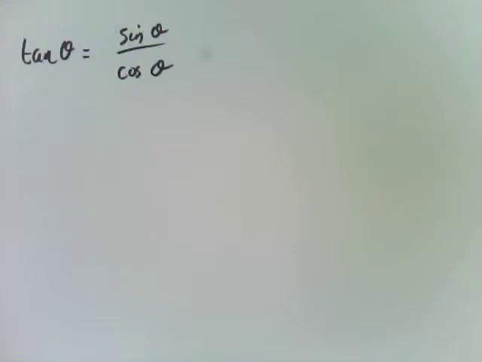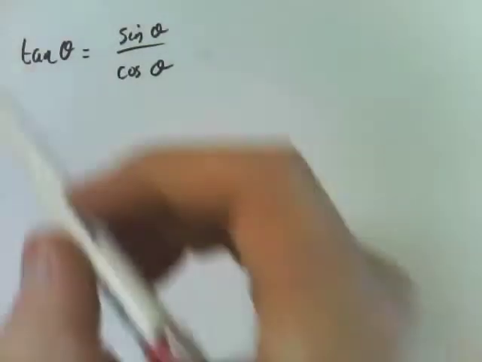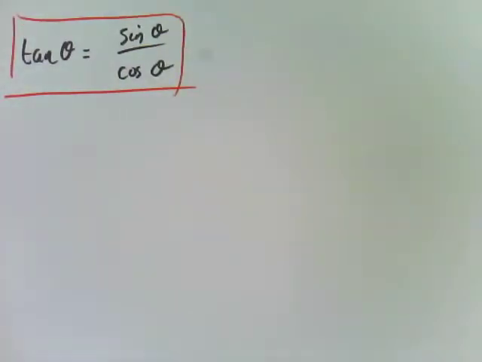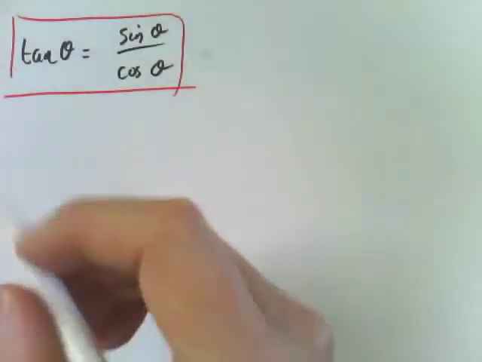Tan is sine over cos. So if you've been given sine, you can actually use the first identity we talked about to find cos, and then you can use those two answers to find tan, which is what it actually asked you to do in question 2. So we already did 2a, and we were given sine theta equals 0.8.